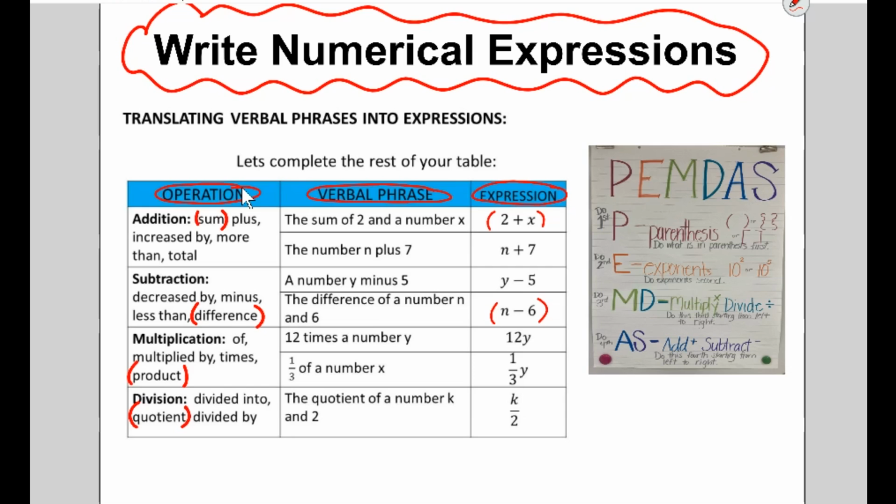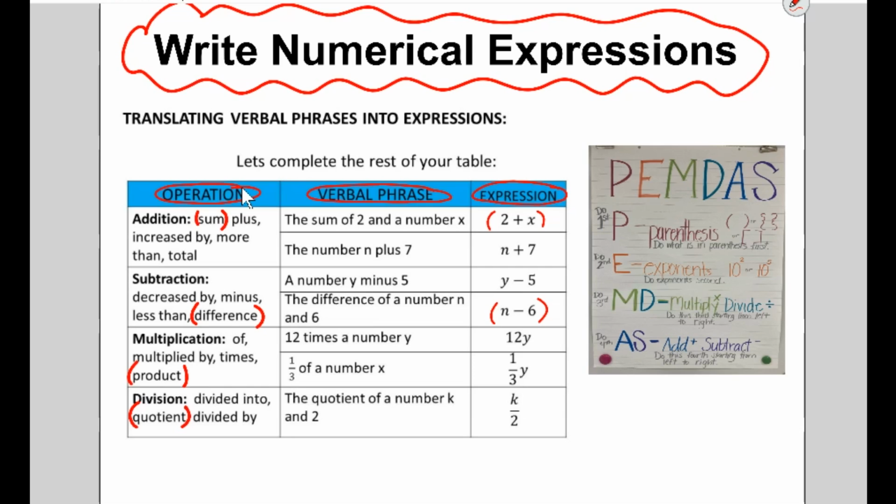Multiplication, the word that we worry about is product. That one has the parentheses around it. So this one says 12 times a number y. With multiplication, we get the lucky privilege to not have to write an x for multiplication, because you see we've been using x before.